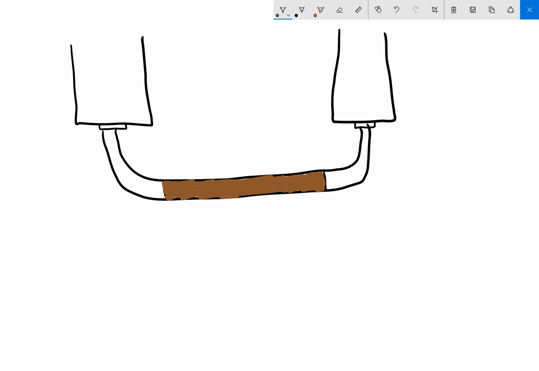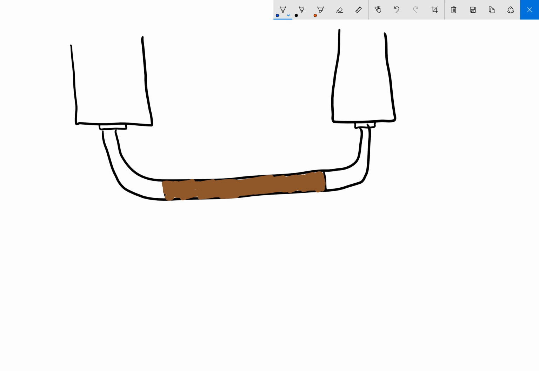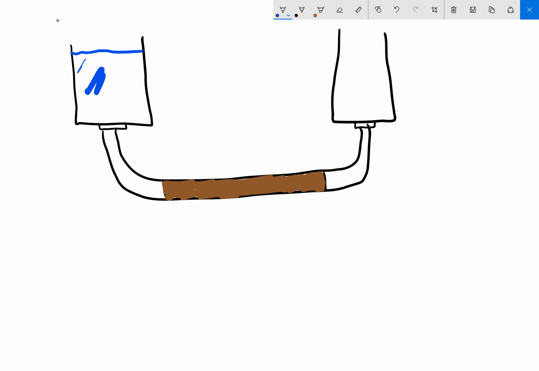Okay. Now, actually, let's switch to blue. Now, imagine filling up this side of the tank with water, okay? And the point where this side of the tank is completely full of water.